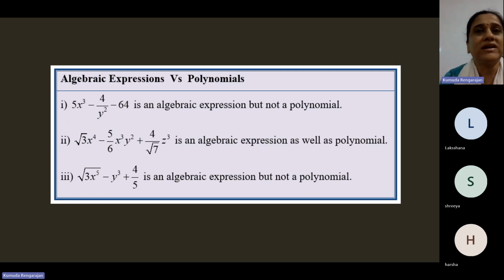So we are classifying polynomials based on the number of terms. A polynomial with only one non-zero term is a monomial. You cannot write zero and say it's a monomial. A polynomial with two non-zero terms is called a binomial.